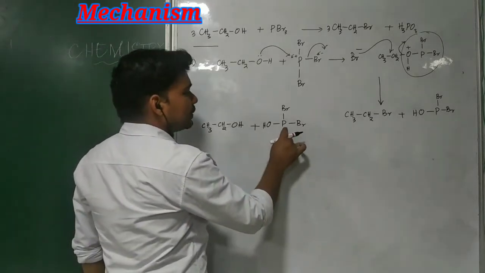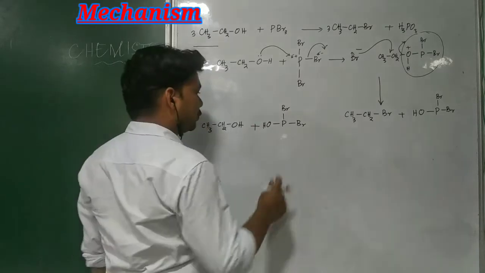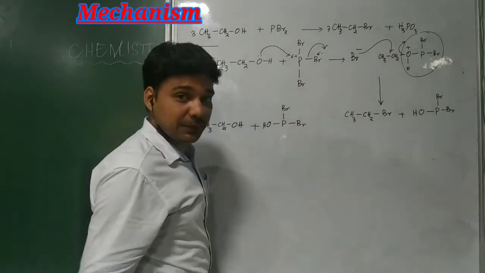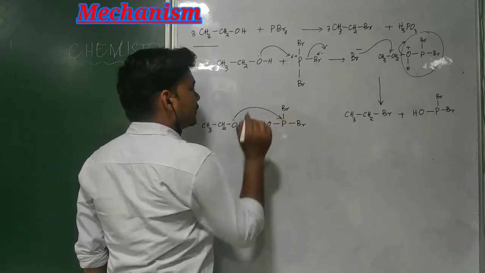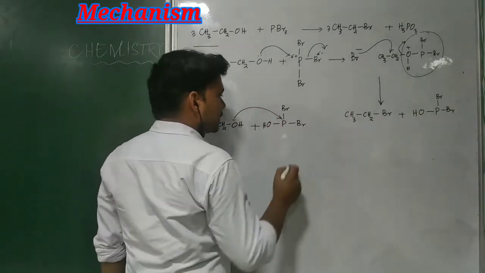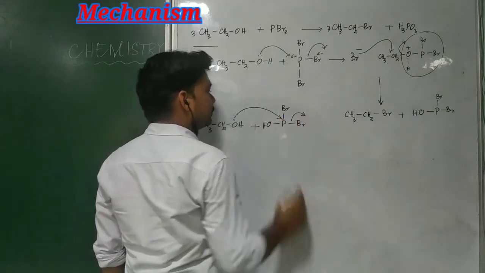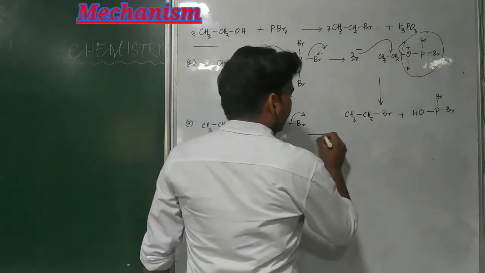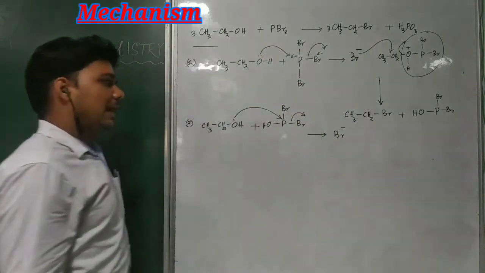Once again, this phosphorus atom will develop positive charge due to presence of this kind of electronegative atoms. Then this oxygen will approach this phosphorus, and at the same time any of these 2 phosphorus bromide bonds will be broken. In the next step, bromide ion will be formed, which will act as the nucleophile.